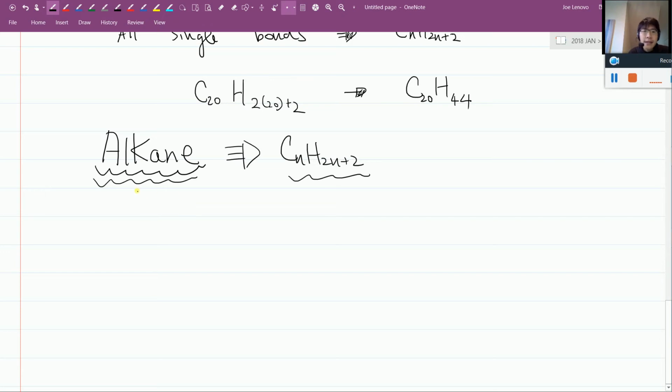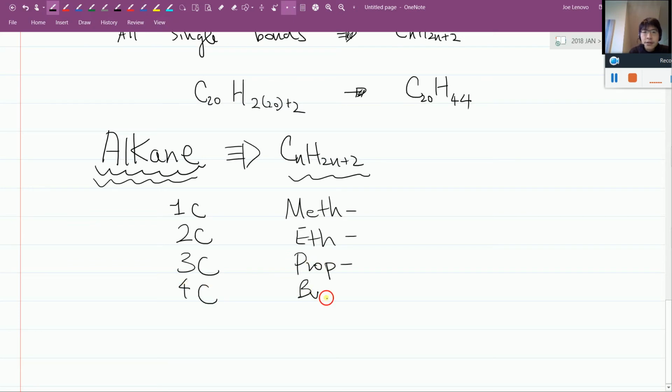But when you get down to alkanes, we have another particular system related to the number of carbons. If we have one carbon, we call it meth. If we have two carbons, we call it eth. If we have three carbons, we call it prop. And so on.